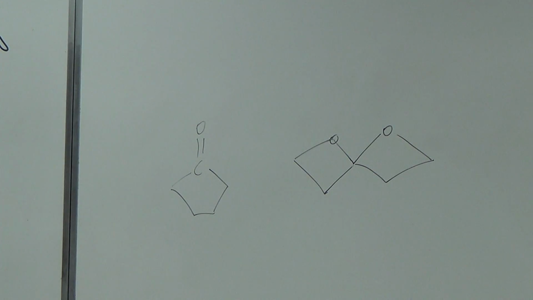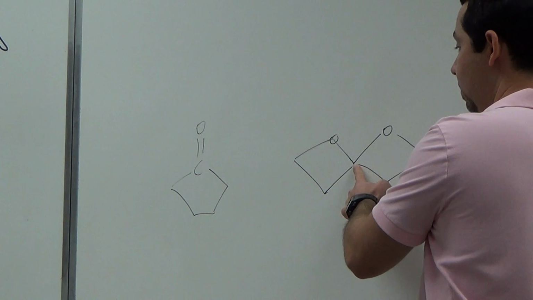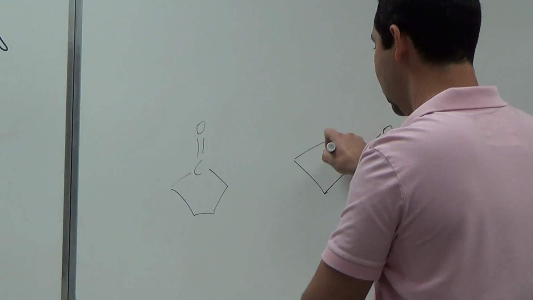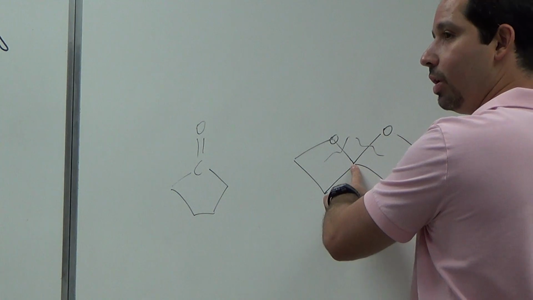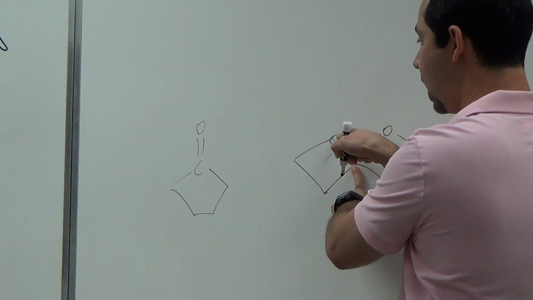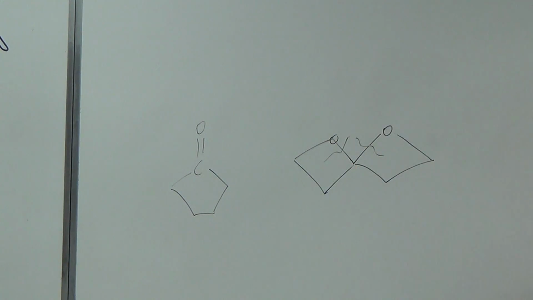That is an intramolecular cyclization. Where is the carbonyl? The carbonyl is here. So I cut it here, and I cut it here. That's an OH and another OH. This is stuff you have to get used to.